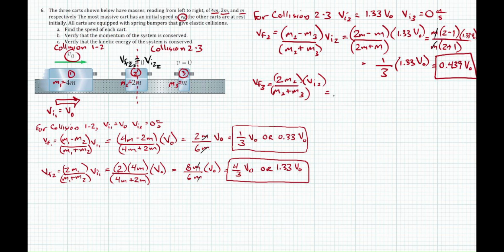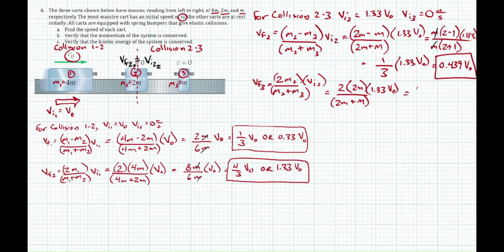Okay. Simplifies to 2 times, what's the mass of cart 2? 2m, divided by the mass of cart 2, 2m, plus the mass of cart 3, m. And let's plug in the initial velocity of object 2 in this collision, 1.33 VO.